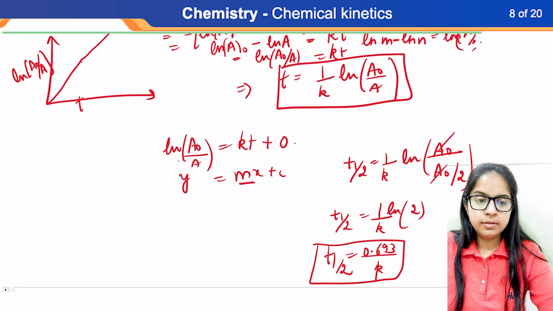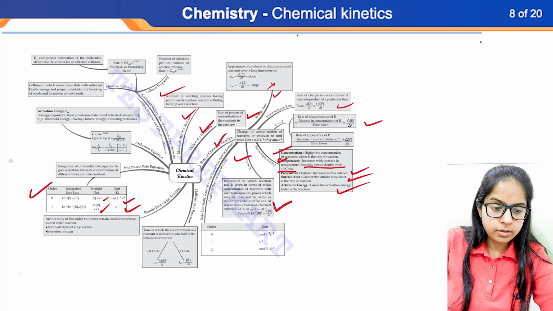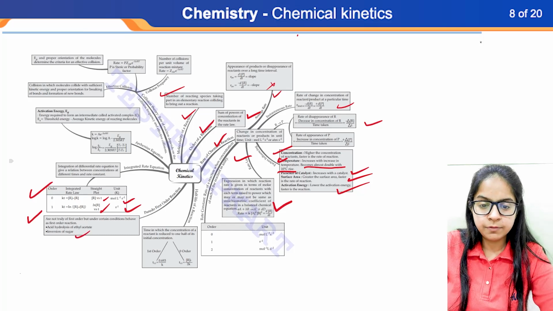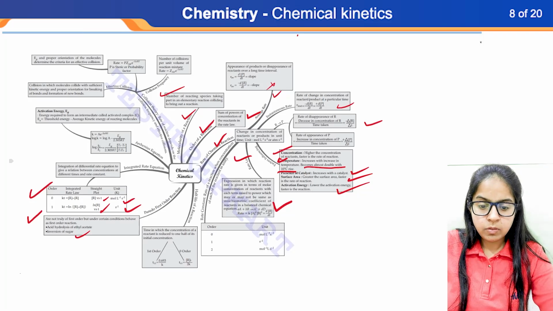Now the next one: I have covered this plot. Pseudo first order reactions are not truly of first order, but under certain conditions behave as a first order reaction. Acid hydrolysis of ethyl acetate and inversion of sugar are examples of this reaction. Then order of reaction: if it is a zero order reaction, the unit is mole per liter per second.